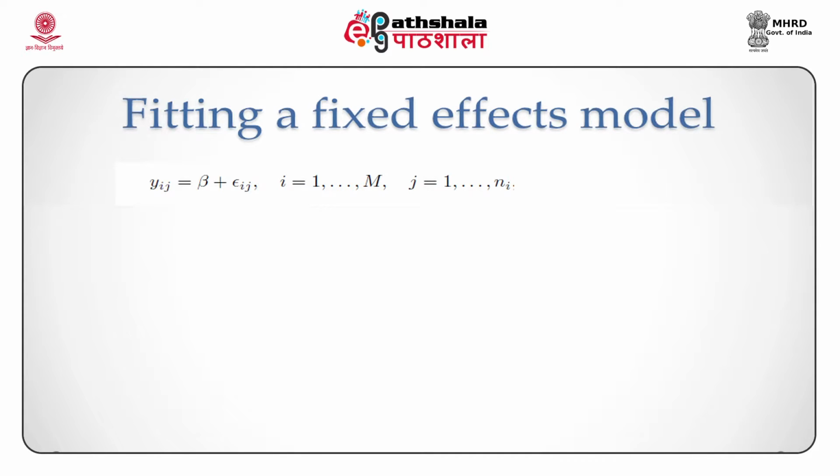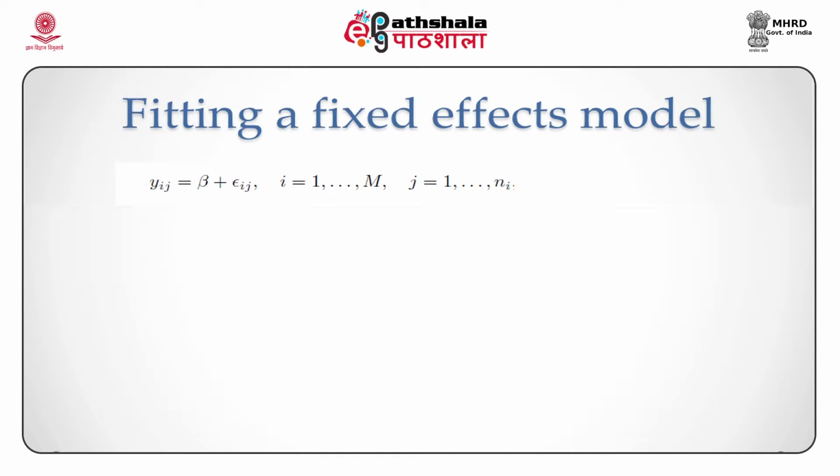Beta is the overall mean as well as the mean for each rail, the mean time taken to travel across each rail, and as I said before, we have ignored the fact that this time could vary with the rail. Epsilon ij is a noise term, and we assume for the purpose of inference that the epsilon ij's are IID normal 0 and variance sigma squared.